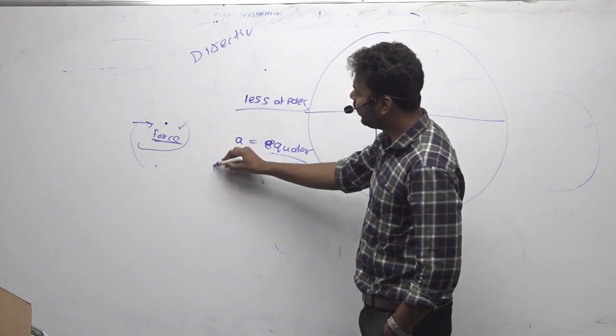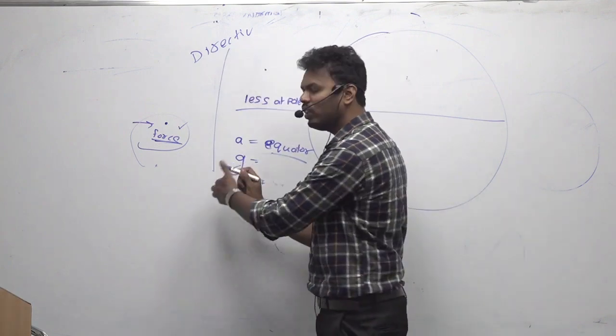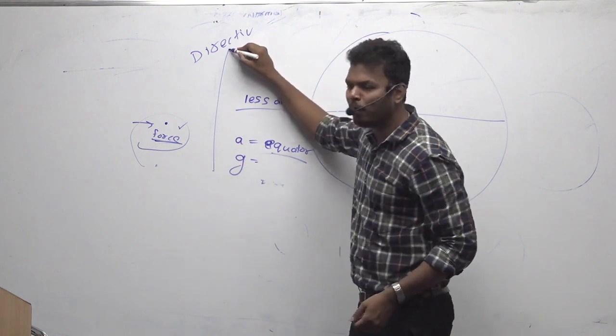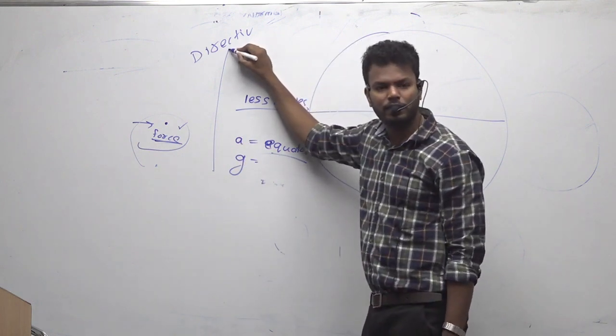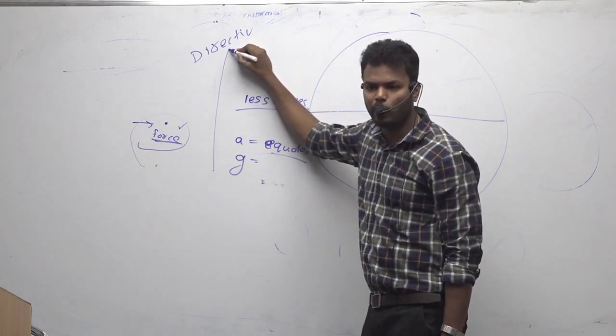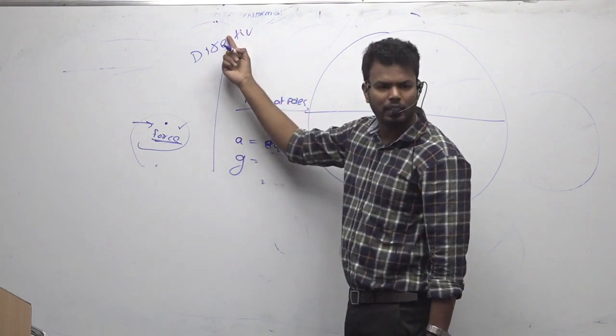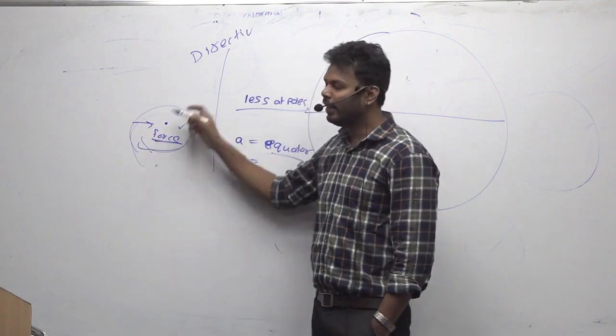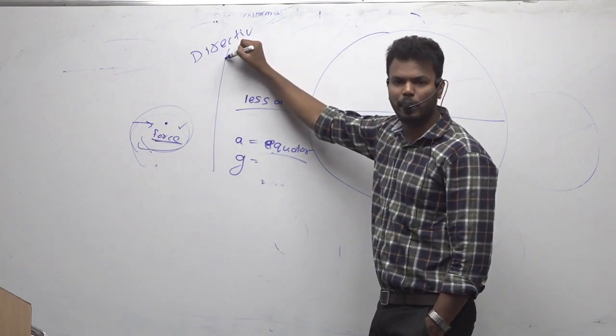Fine. Suppose we are throwing with a speed of 100 kilometers per hour. But as it goes above, what happens to the speed? It decreases. The speed is decreasing, which means we require force. It becomes 0. Getting my point?